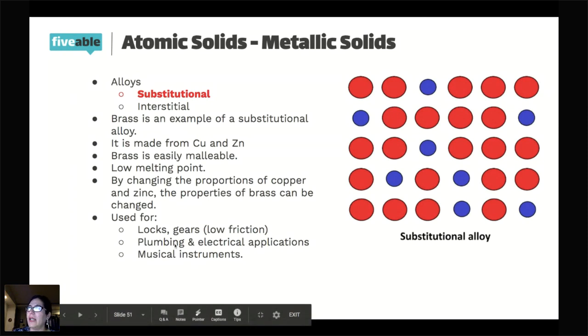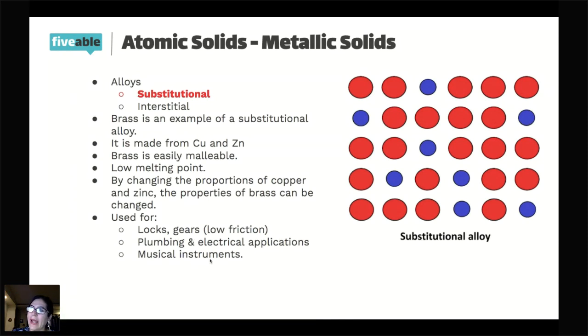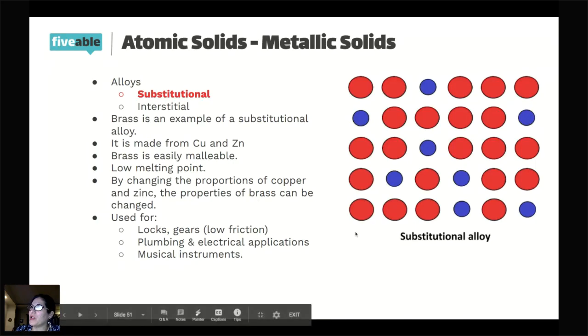And the reason is because we want less electric conductivity. We don't want to be playing an instrument and having static electricity in it. We don't want a lot of electricity flowing in the plumbing. So that's why brass is a good choice.